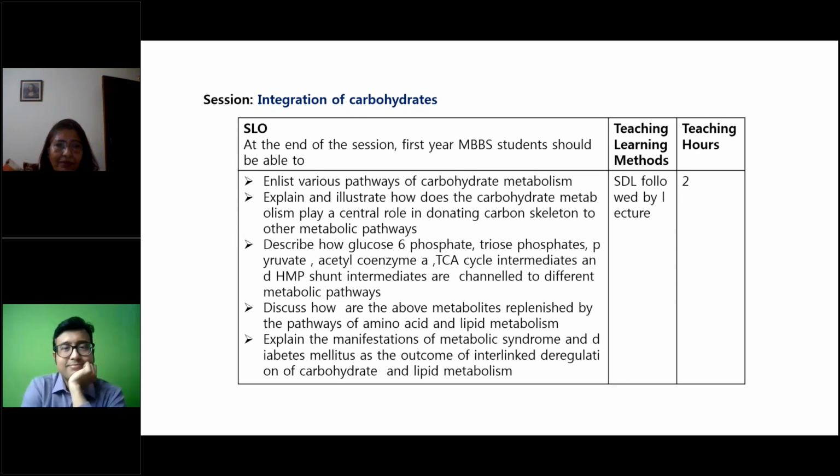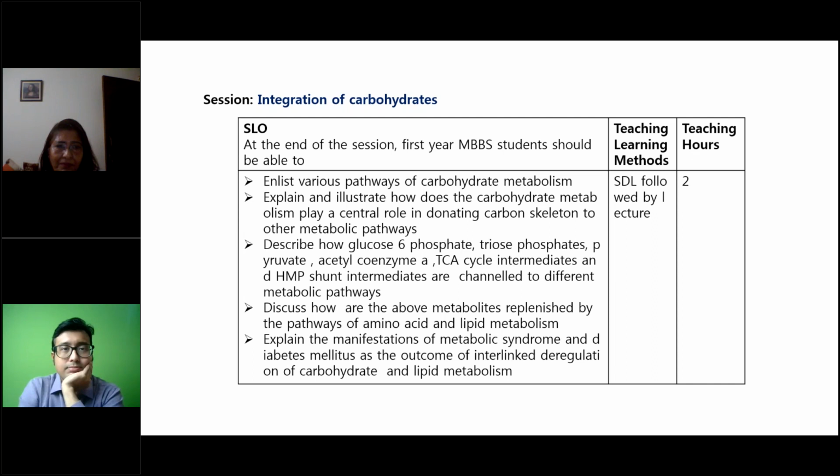Then describe how glucose 6-phosphate, triose phosphates, pyruvate, acetyl coenzyme A, TCA cycle intermediates and HMP shunt intermediates are channeled to different metabolic pathways, and how they are channeled with each other. Then discuss how the above metabolites are replenished by the pathways of amino acid and lipid metabolism.